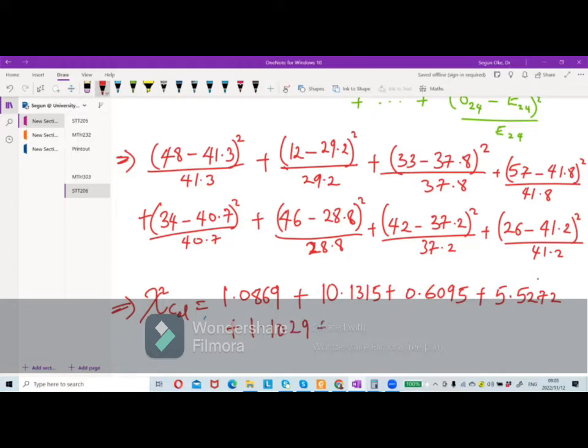Do we agree? Just go and confirm it by yourself. The next one. 10.2722. Next. 0.6193. Next. 5.6077, or 78. Okay, approximately 78.